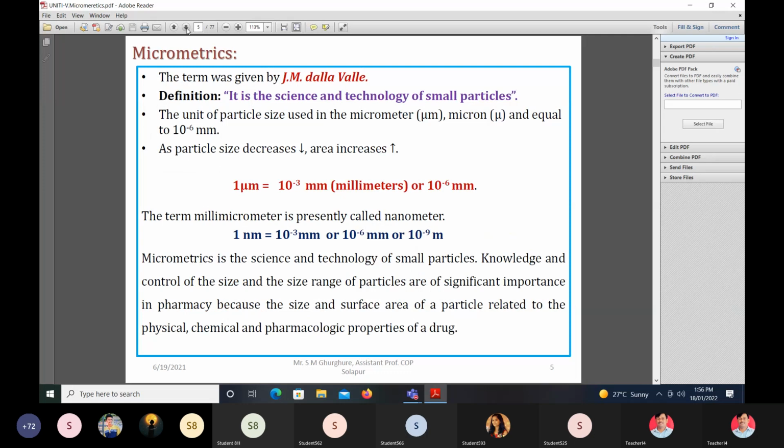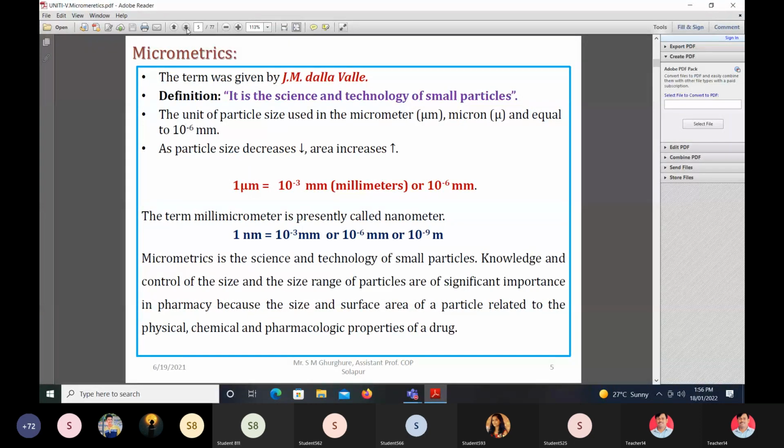The term micromeritics was defined by J.M. Dalavalle. It is the science that deals with the study of small size particles. Why small size particles? Because particle size is measured in micrometer or micron size range, which is equal to 10 to the power minus 6 millimeter.